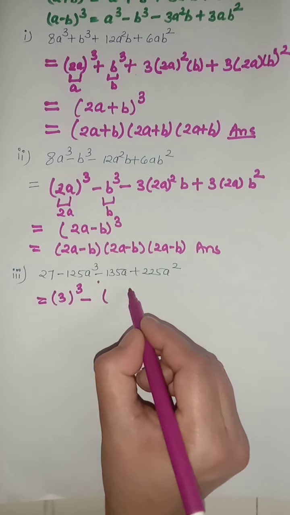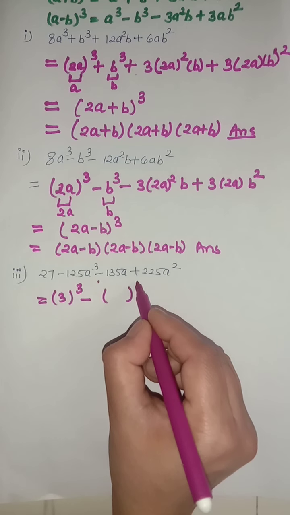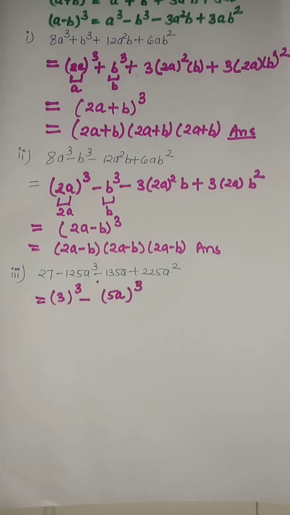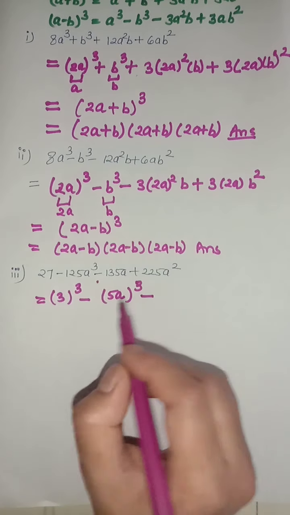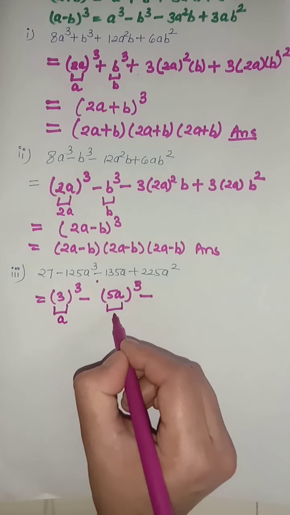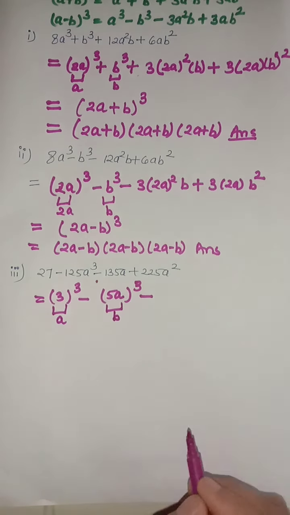Now how will we break this 125a cube? Obviously 5a. 5a into 5a into 5a, we will get 125a cube. In the next step, the value of a is 3 and the value of b is 5a.